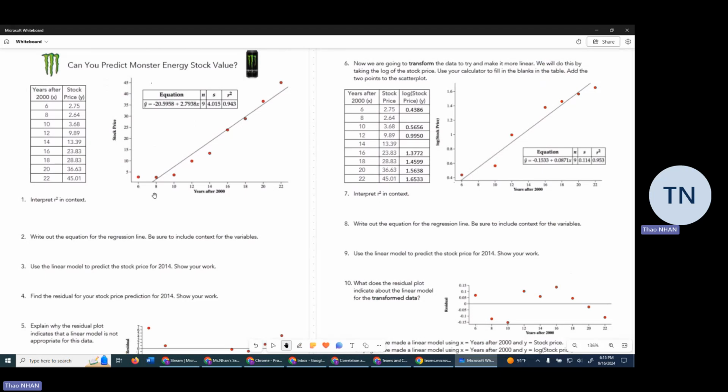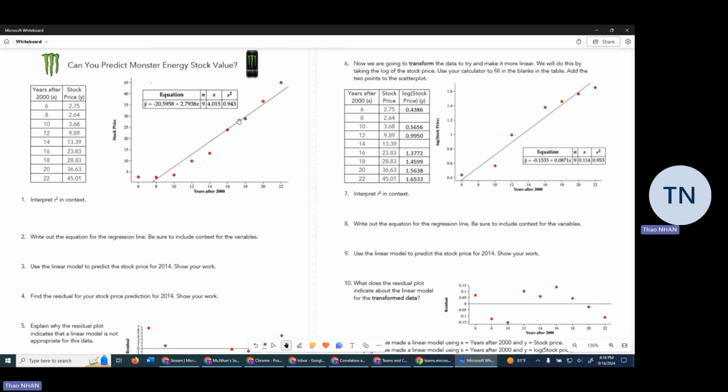So we have, can you predict Monster Energy stock value? Over here, they give us a regression line, right? This line right here. We have the equation that they give us, and we also have the R square right here, which is your coefficient of determination, right?